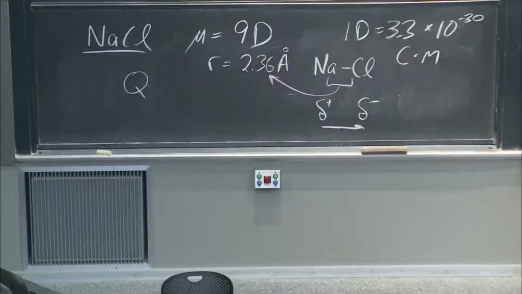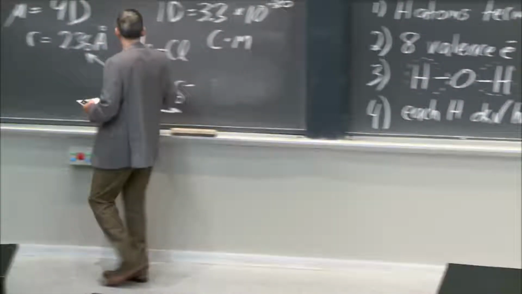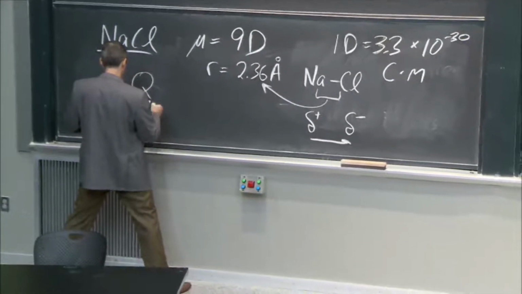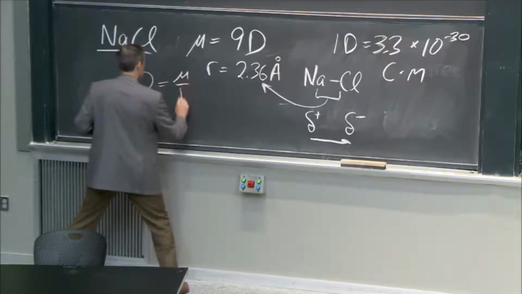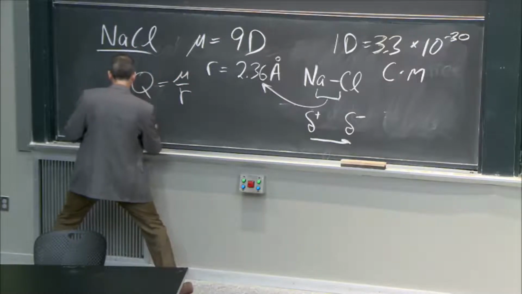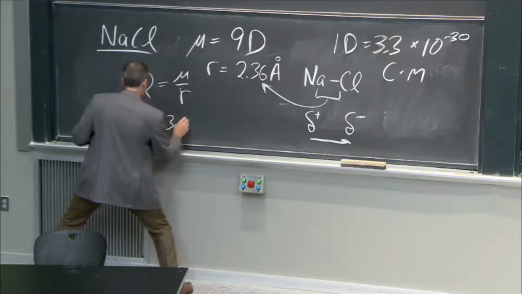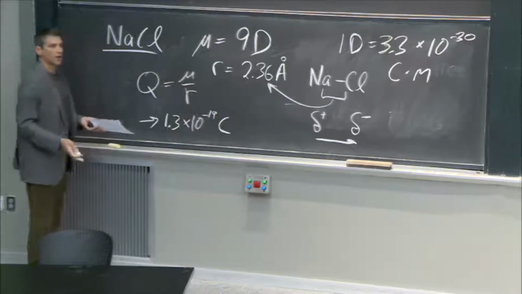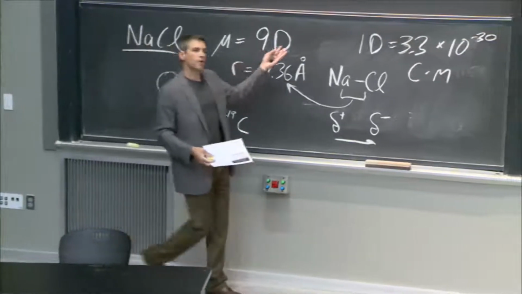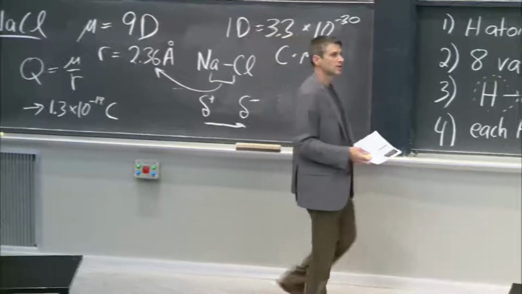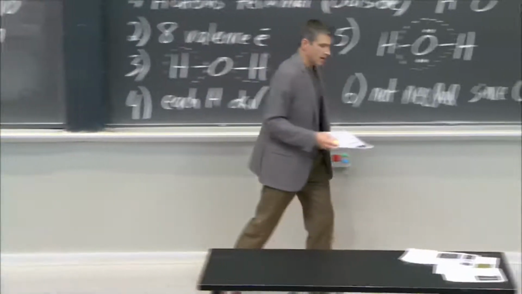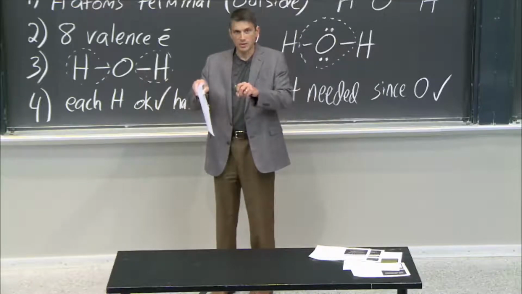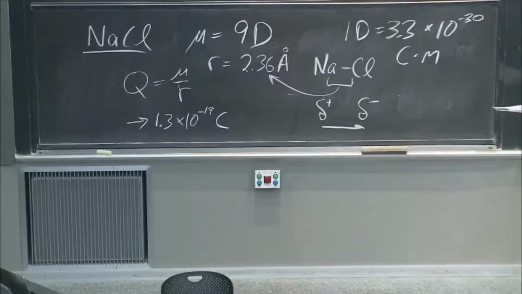It's that I've got two charges, and now those charges at this distance in the bond allow me to actually be quantitative, because Q is equal to mu over R, and if I plug that in, it's 1.3 times 10 to the minus 19th coulombs. So for sodium chloride, because I was given the dipole moment in that molecule, and I can look up the bond distance, I can actually tell you how much charge is on those atoms, if I know that information.